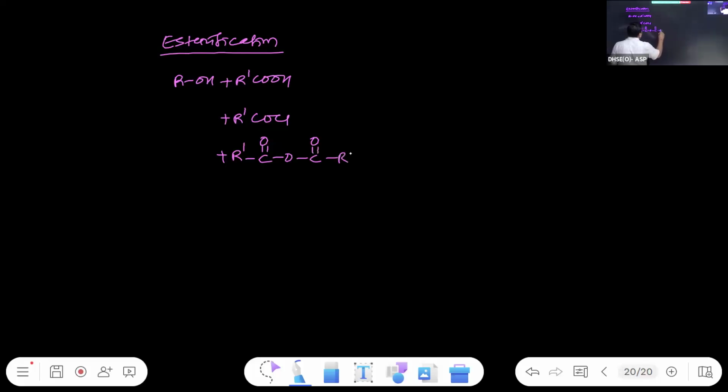So alcohol reacts with carboxylic acid or its derivative to form ester and water in the presence of the catalyst concentrated H2SO4.